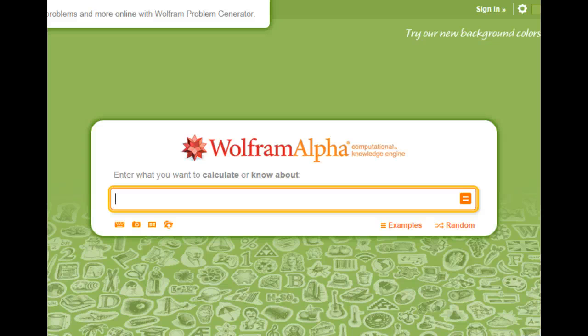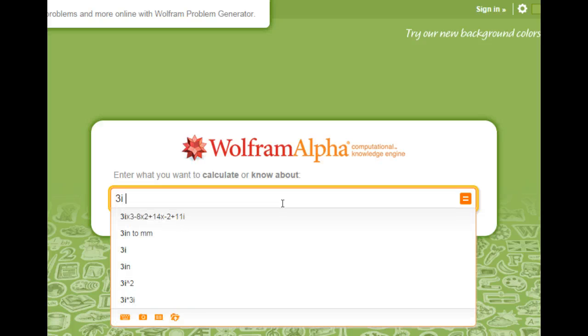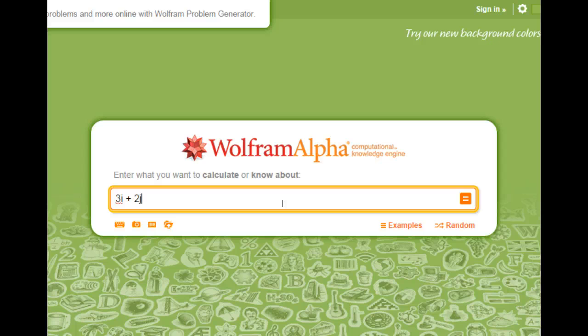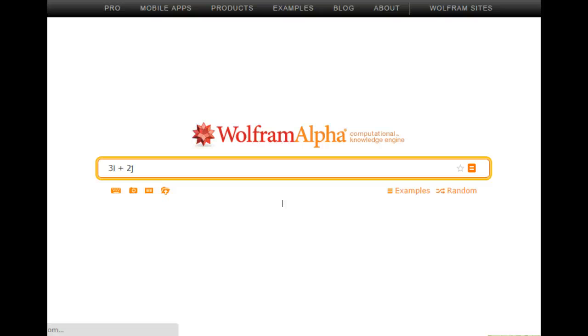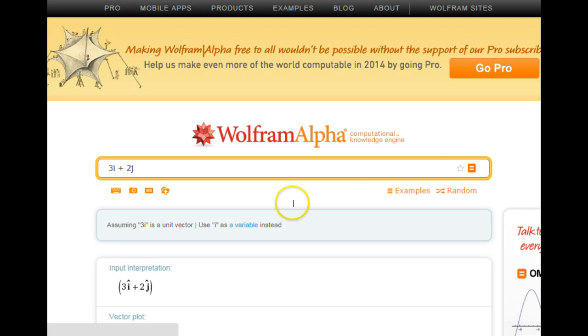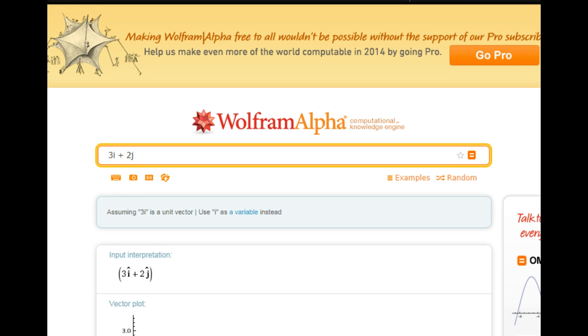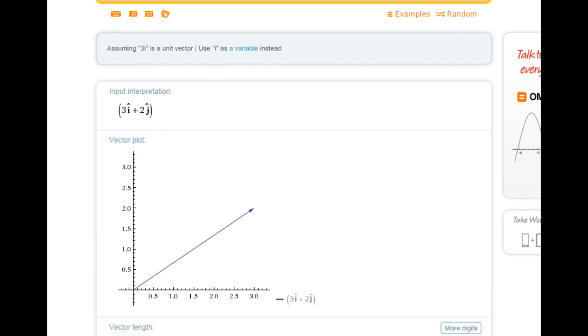This is Wolfram Alpha. It's wolframalpha.com is the site, and you can actually type in vectors. Like I could say I want to see 3i plus 2j, let's say, and hit enter, and it will interpret it and it'll actually plot it for you.